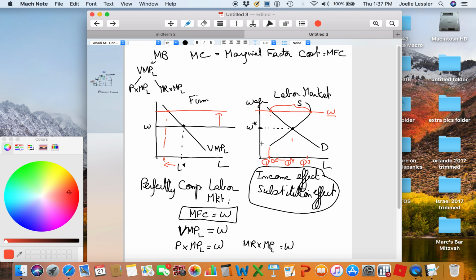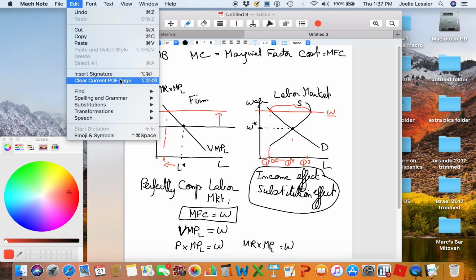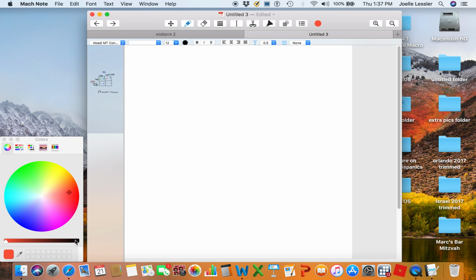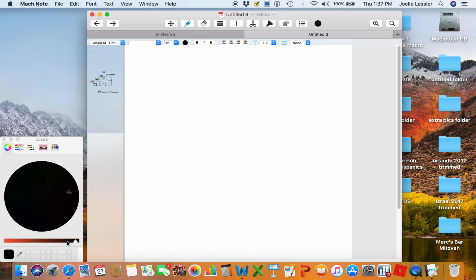Okay? This is the case if you're hiring from a perfectly competitive labor market. What if you're not hiring from a perfectly competitive labor market? What's the alternative? We know in the goods market, you could be a perfect competitor or a monopolist. A monopolist in the goods market meant you were the only seller.